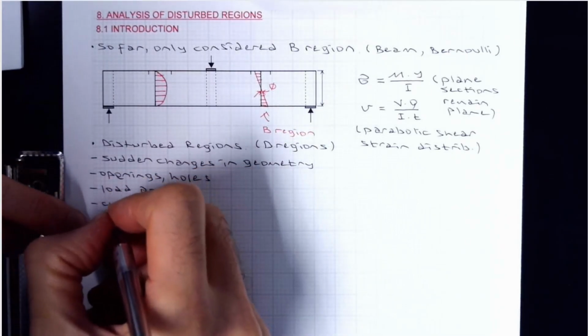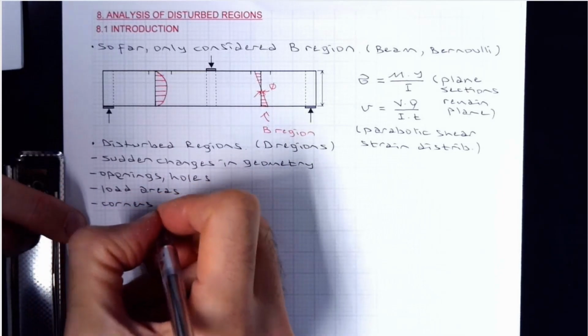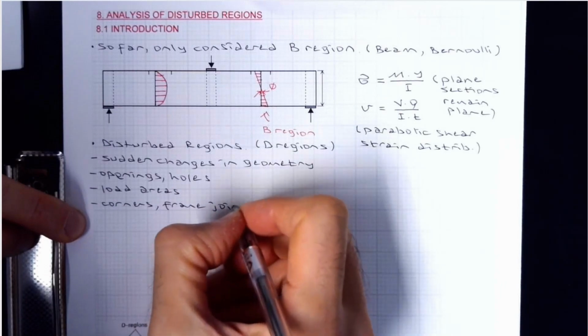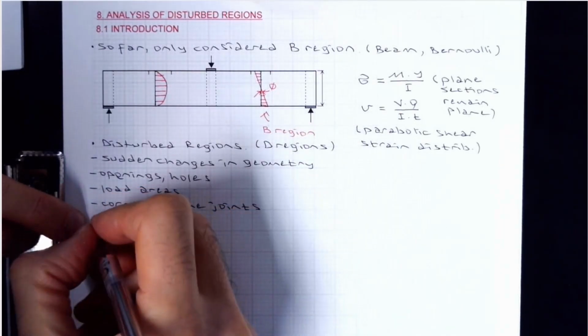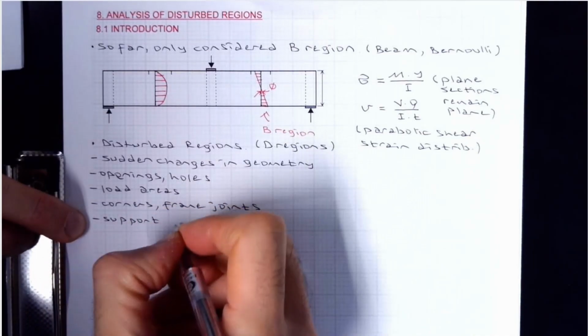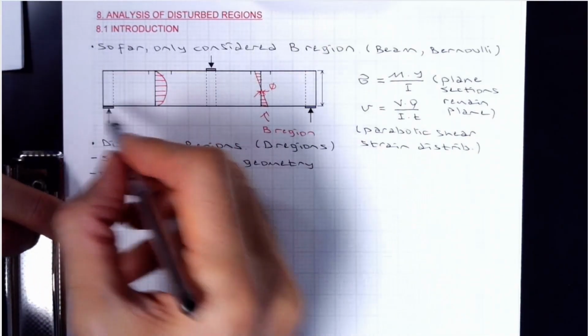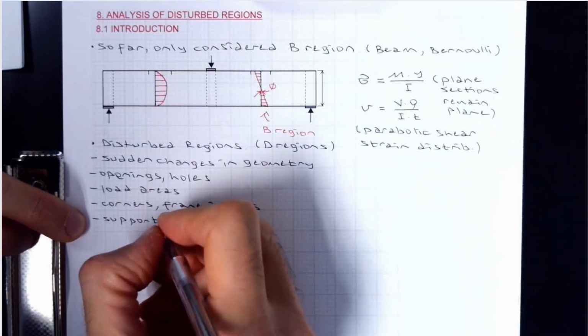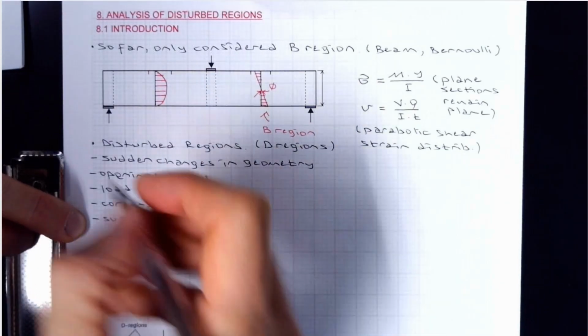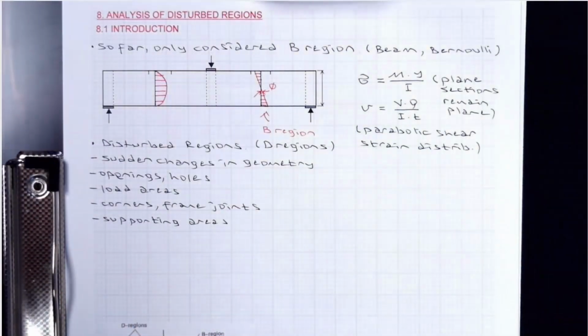If you have corners, frame joints, supporting areas, which is support reaction location, or bearing plates, any supporting areas qualify for disturbed region.